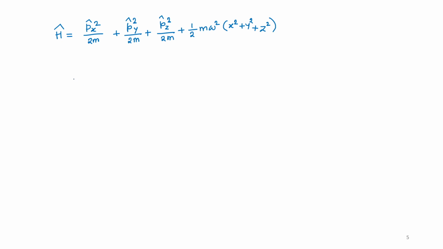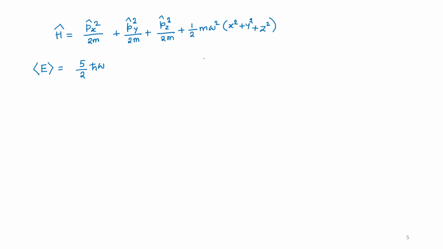It is also given that the expected or average energy of my system is 5 by 2 h cut omega. Then what is the degeneracy of the state, or how many states can have this energy? Degeneracy means energetically degenerate, meaning the states will have the same energy value, right? So this is my operator.